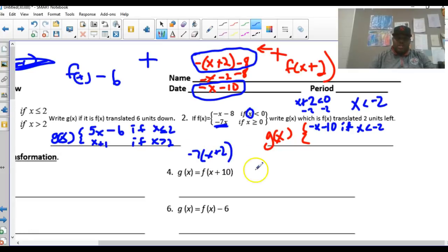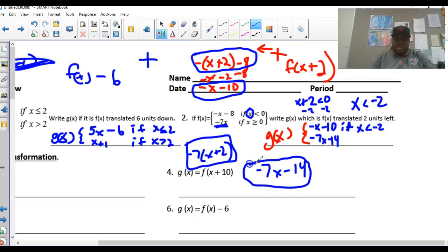If you want to simplify that, you can go negative 7x minus 14. That is the same thing. Some of you guys will see it like this. On the test, it may be simplified all the way down to this. Now remember, we got to change this. And I can already tell you if that was x, then you get the same thing, just respect the sign. So if x is greater than or equal to -2.